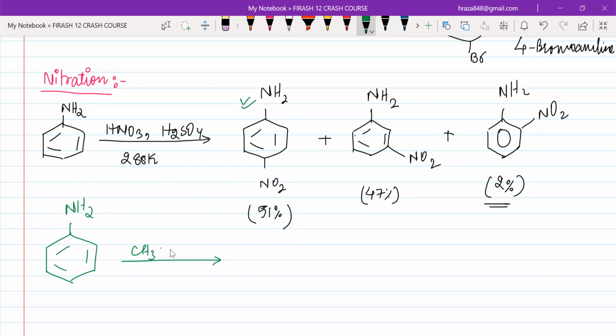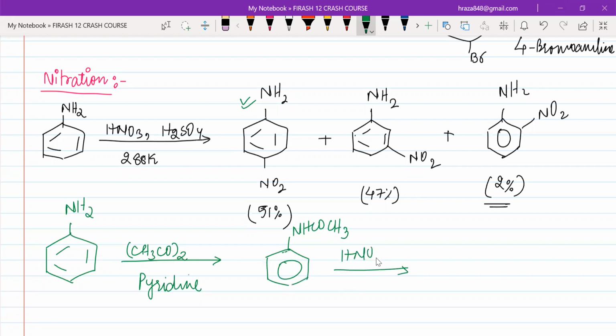And if acetic anhydride is going to react with aniline, it will again form amide, NHCOCH3. And after this, you are going to react this with HNO3 in the presence of H2SO4. The temperature should be the same. Then there will be addition of NO2 at para position.